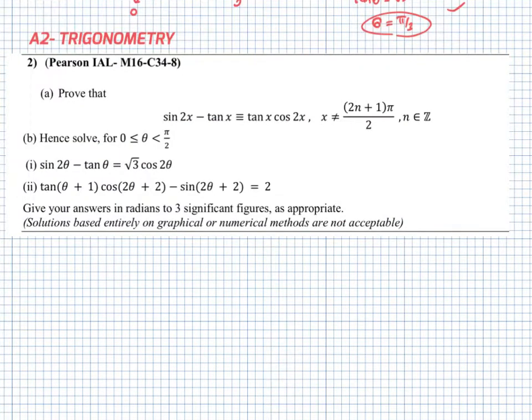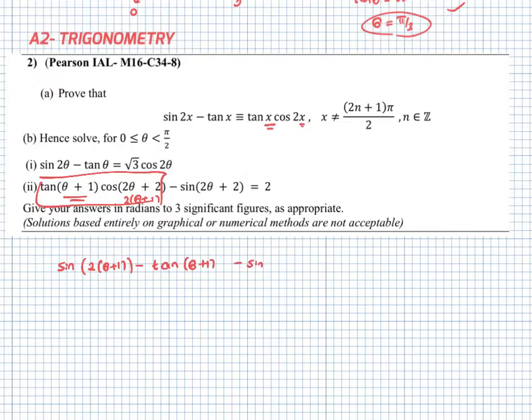In the third part of the question, as you see here, this x is replaced with theta plus 1, and 2 times theta plus 1 here. So instead of this expression, I can actually write sine 2 times theta plus 1, the other side of the equivalent sign, tangent theta plus 1.